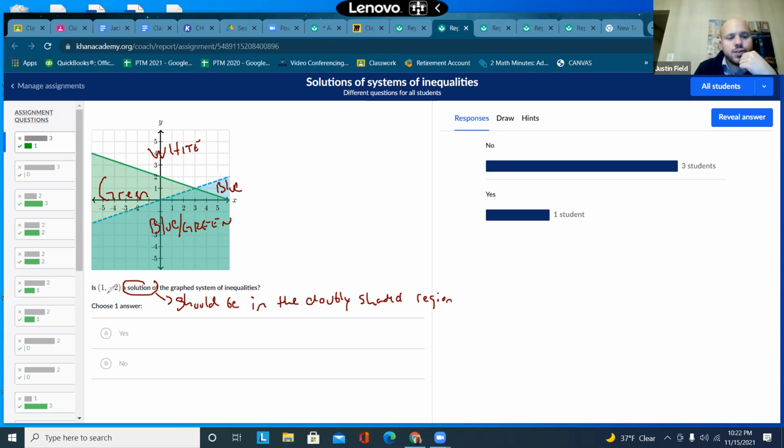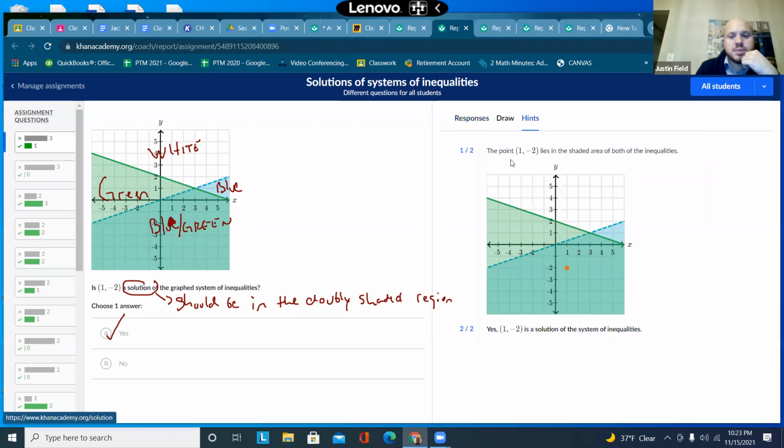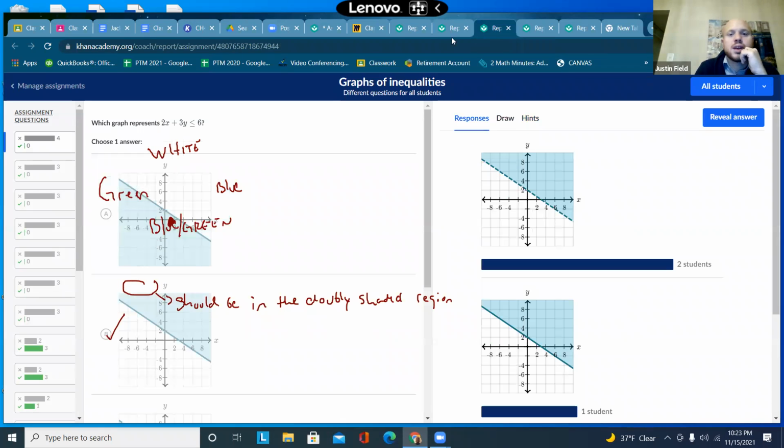So (1, -2), let's go ahead and plot that, and then we'll see if it's in the doubly shaded region. Over 1, down 2 is right here. It is in the doubly shaded region. So we can see, yes, there it is. It is a solution. So just graph the point, see where it falls.